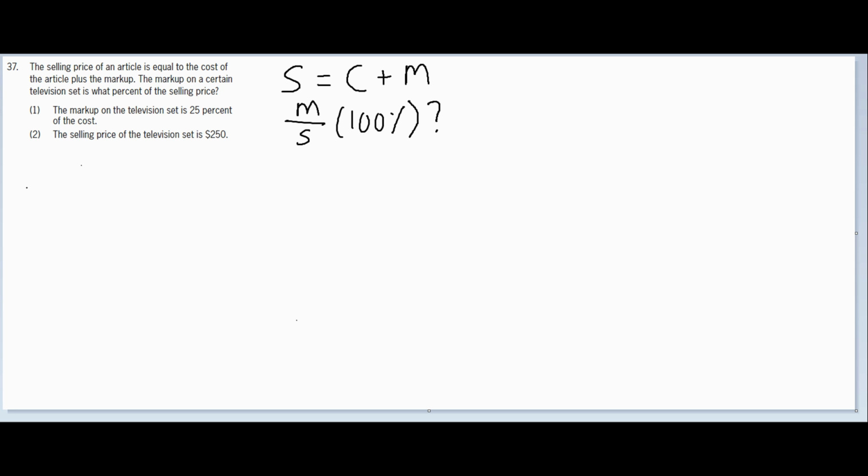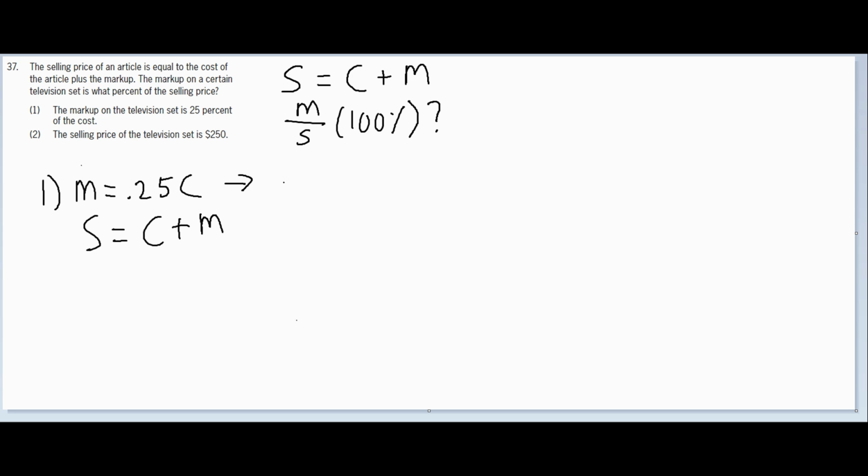So let's take a look at the first statement, which says that the markup on the television set is 25% of the cost. So we can summarize that by saying the markup, M, is equal to 0.25, 25% of the cost. So if you look at the given information again, we know S equals C plus M, and what we're trying to find is M over S. So we probably want to get rid of the C in here, and we can do that by multiplying both sides of this top equation by 4.